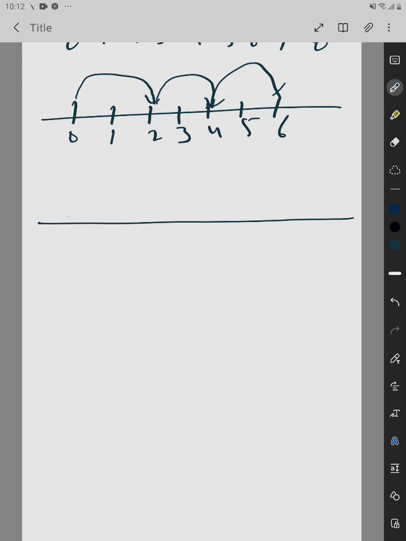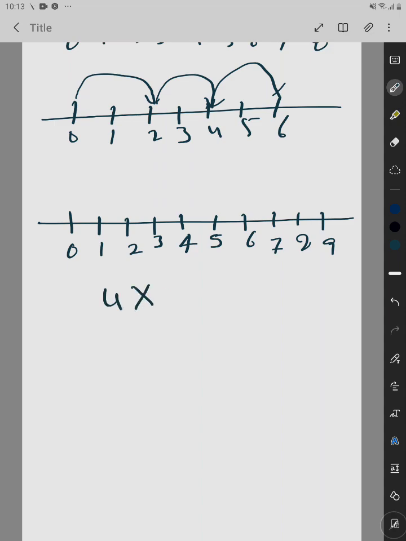So since we have a number line here: 1, 2, 3, 4, 5, 6, 7, 8 and 9, okay. Now for example we need to multiply 4 by 3.